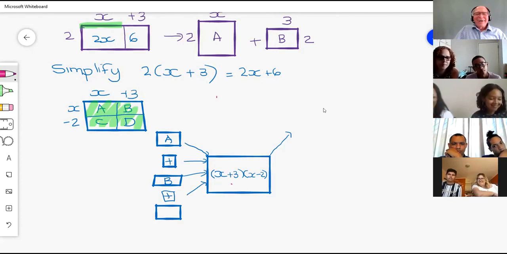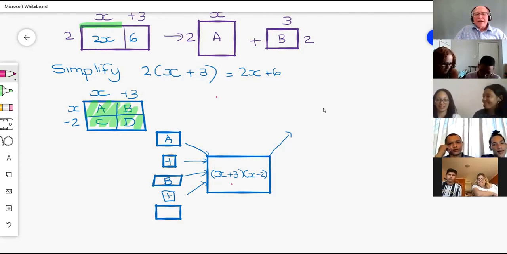Candice, how do we calculate the area of a rectangle? What is the formula? You multiply one side with the other side.